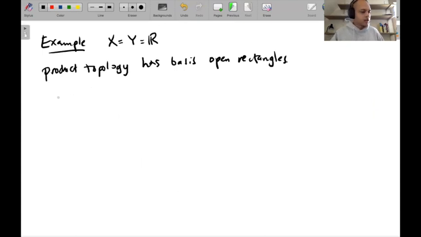And this is equal to the standard topology, because the standard topology also has a basis of open rectangles.